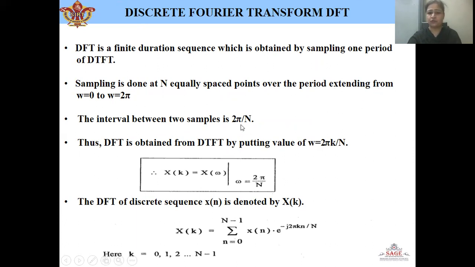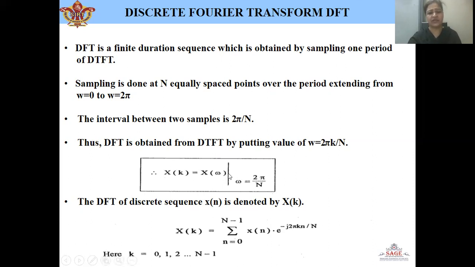The interval between two samples will be 2 pi by N. So DFT is obtained from DTFT by putting the value of omega as 2 pi k upon N, where k is an integer. k can be 0, so the first sample will be at omega equal to 0. k will be 1, so the second sample will be at omega equal to 2 pi by N. Then the third sample will be at 4 pi by N, then the next at 6 pi by N, and so on. That means if samples of DTFT are taken at intervals of 2 pi by N, we get the DFT, and it is represented as X[k].